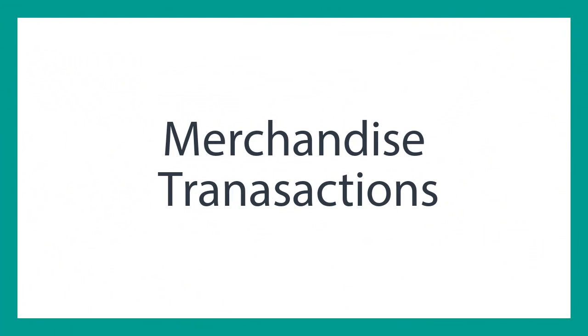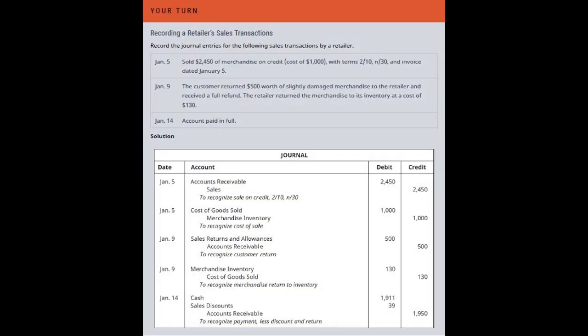And that concludes my commentary about Chapter 5. I do have an additional comment or insight to share with you about Chapter 6. And to illustrate that insight, let's go to the one that is titled Recording a Retailer's Sales Transactions.